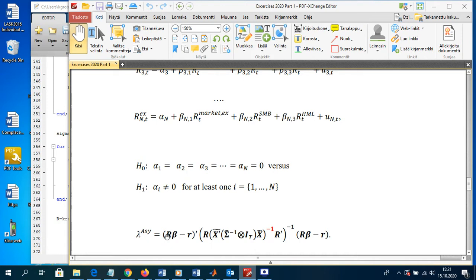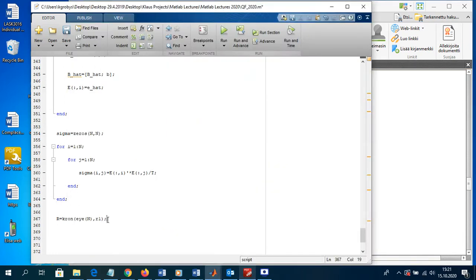So we have to multiply it with something that has 100 columns, right? So R is 25 by 100, times 100 by 1. So what comes out here is 25 by 1. And this makes sense because we have 25 parameters to estimate, 25 alphas. So that's how it is.